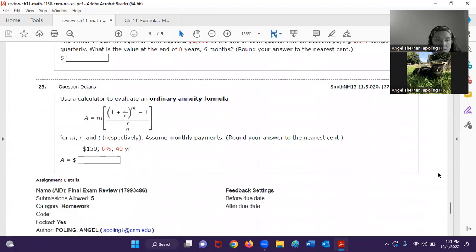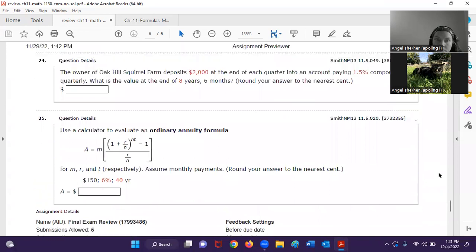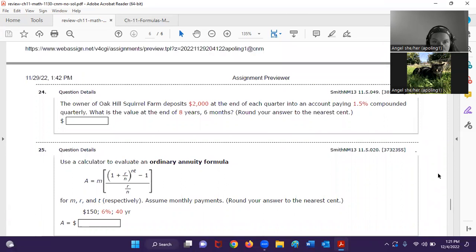All right, last two. All right, so this one, we've got the owner of Oak Hill Squirrel Farm deposits $2,000 at the end of each quarter. So the deposit is the $2,000. Quarters are N equals 4 into an account paying 1.5%.